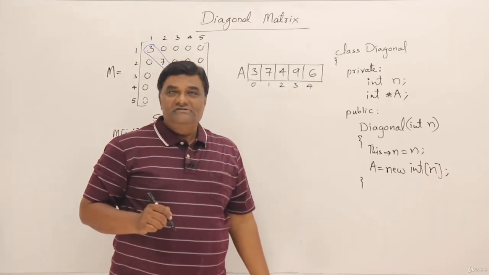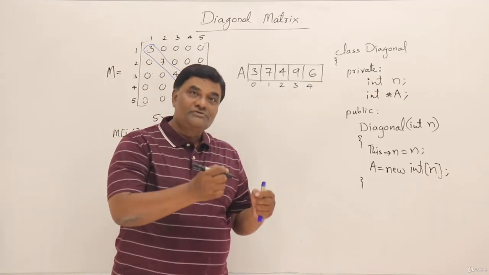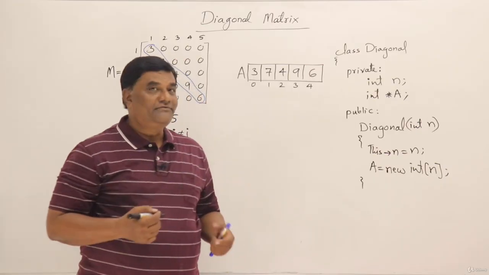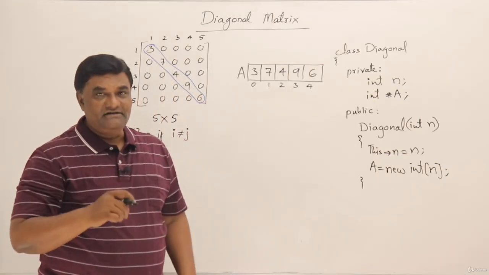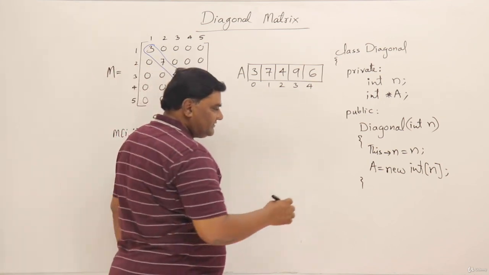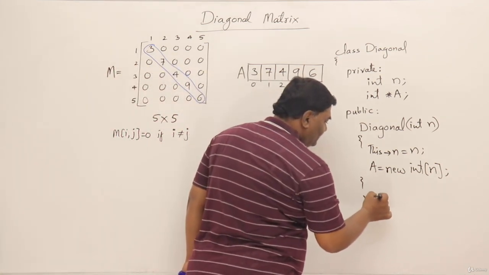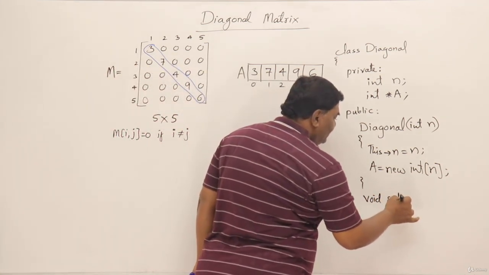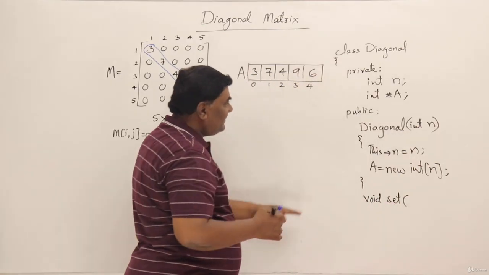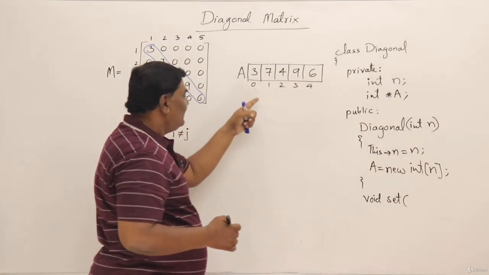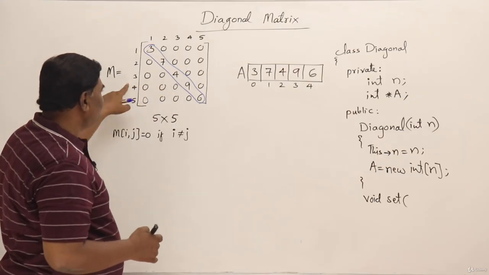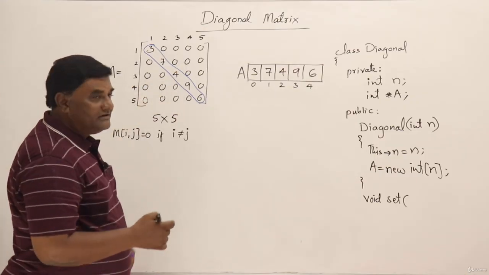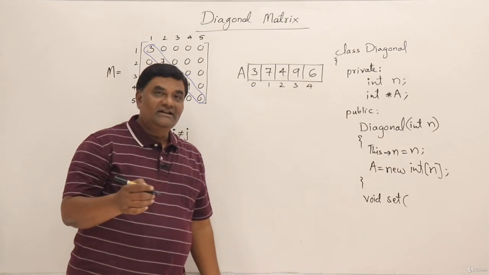Then what are the other functions I need? I need functions for storing the data and retrieving the data. So I need functions like setting the data and getting the data. I will write those two functions. Void set. So this set will store the data in this array, that is for this matrix. For a matrix, I need to know the row number and column number, as well as the element.